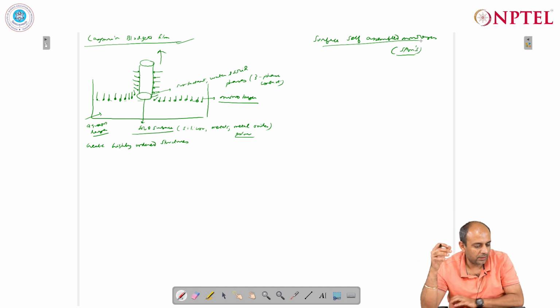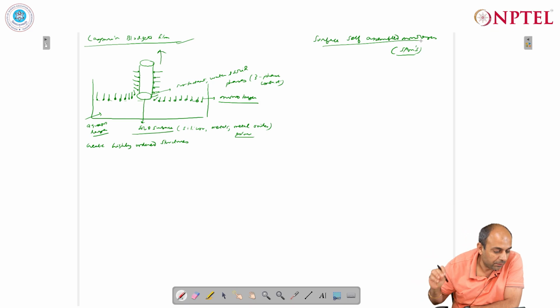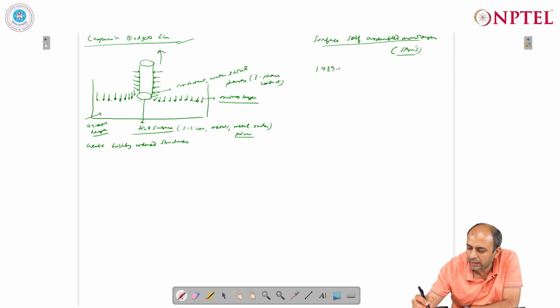And in order to understand the effect of the interface on a particular property, or for example any chemical reactivity of a particular chemical reaction, these interfaces have been extensively utilized. And this field was first developed in 1989 by George Whitesides.